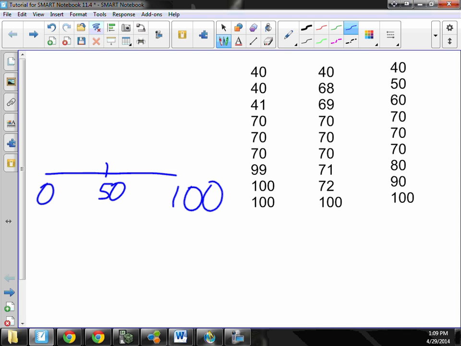Now, would you expect for there to be lots of scores in the middle or lots of scores on the edges? In the middle. And actually, it follows what is called a bell curve. That is called a normally distributed bell curve, meaning the mean is right in the middle.